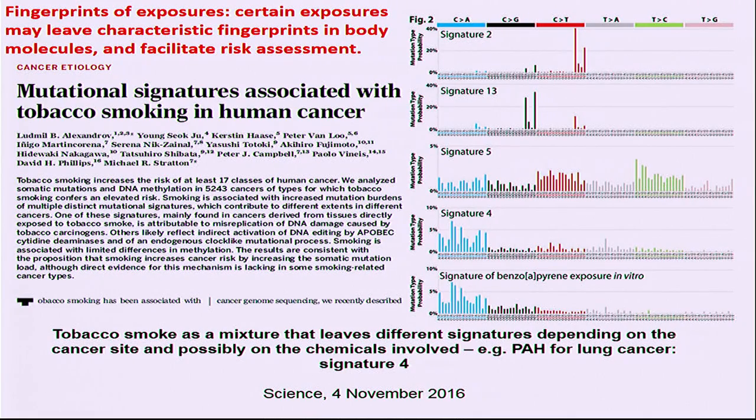So this is interesting in the context of mixtures. Tobacco smoke is a very complex mixture. And so this kind of omic work, which is somatic genomics, can help disentangle the impact of the different components in mixtures.